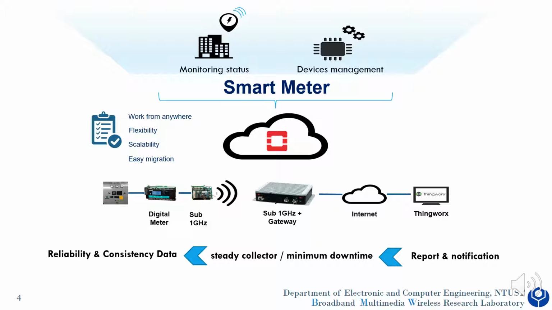But to get the smart meter service, we need reliable and consistent data. How do we get reliable and consistent data? We need a stable collector, and we need to ensure that all of the hardware is working properly and can achieve minimum downtime. From this, what we need to do is give a report and notification about the devices.